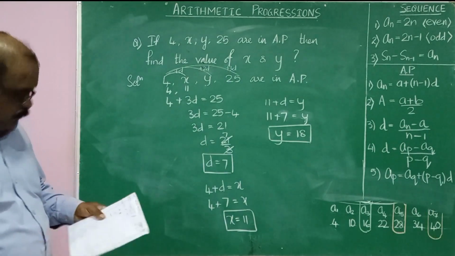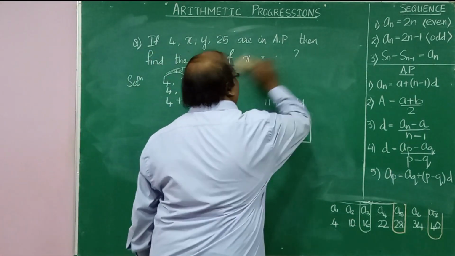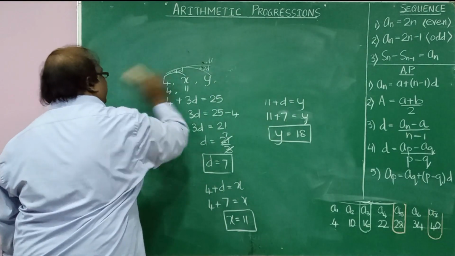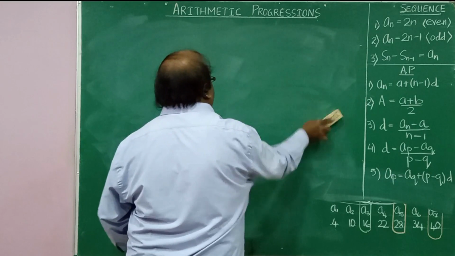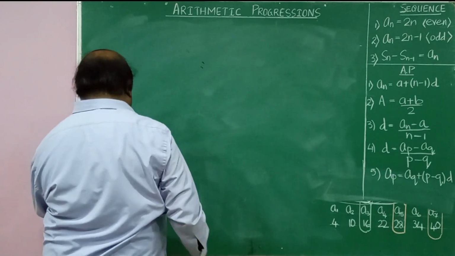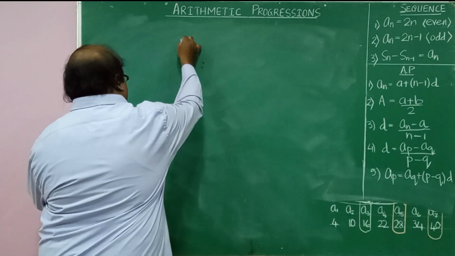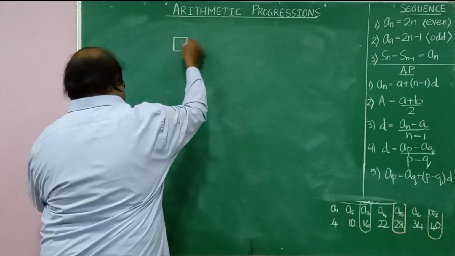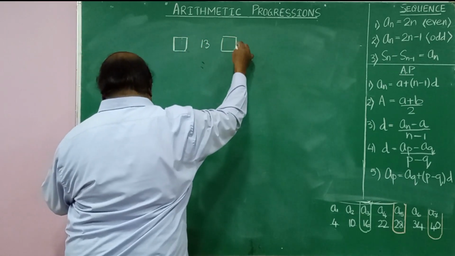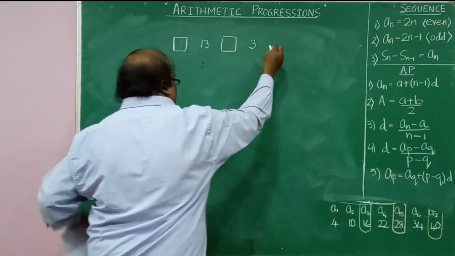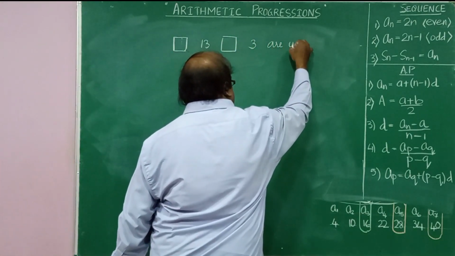Fill in the blanks. Given that the following terms are in arithmetic progression: dash, 13, dash, 3 are in AP.